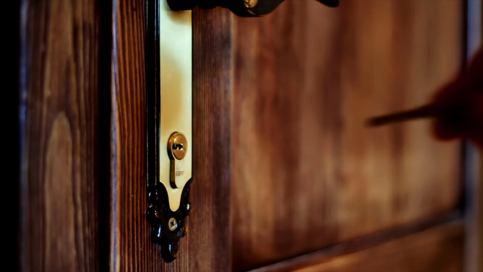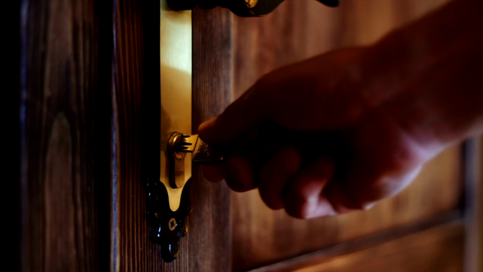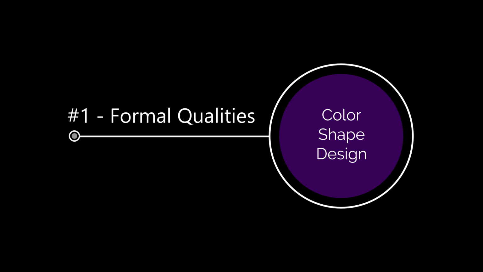Now, today I want to talk about art elements that can help us enter or unlock the story that a piece is trying to tell us, or art keys, as I call them. Now, these keys can range from formal aspects of the work, things like color, shape, and design.